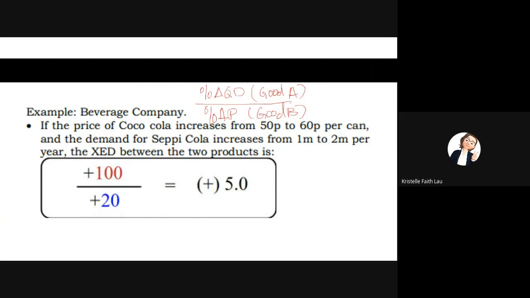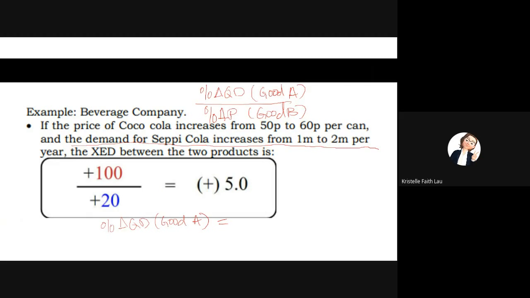So, paano siya i-calculate? Ang gagamitin nating formula for the percentage change in quantity demand, good A. Saan dito yung demand? The demand for Pepsi Cola increases from 1 million to 2 million per year.